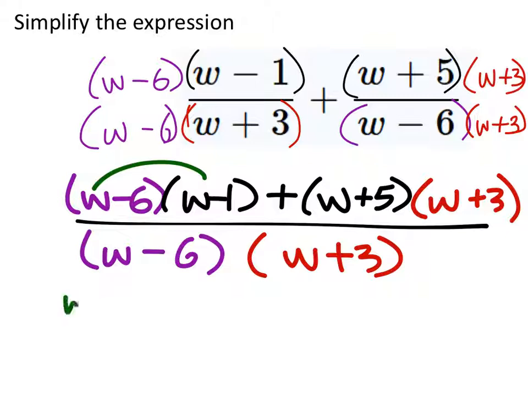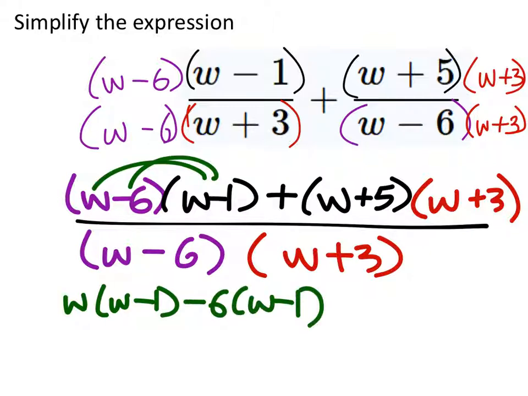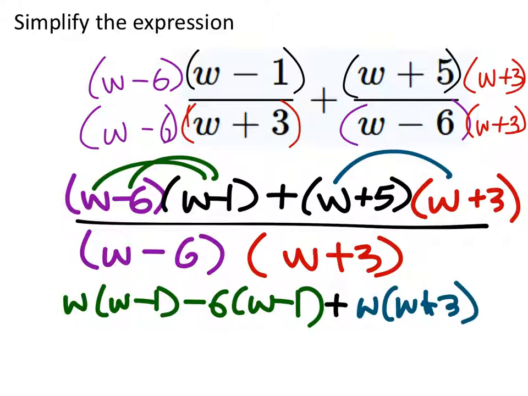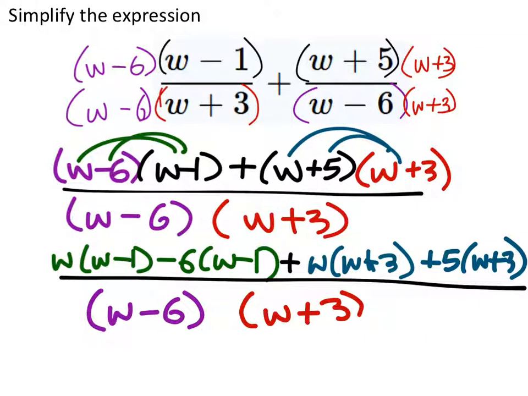So now I have w times w minus 1, and I also got negative 6 times w minus 1, and over here I've got w, oh, there's a plus between that, w times w plus 3, it's plus, and also 5 times w plus 3. Alright, well, that gives us more stuff to distribute into the parentheses. We've got the w, the negative 6 w, and then the 5 as well.